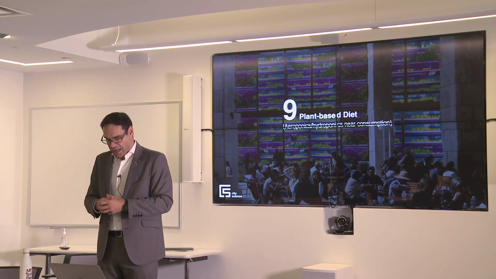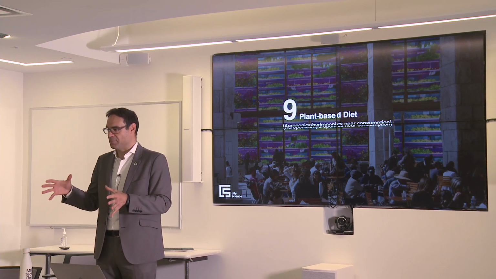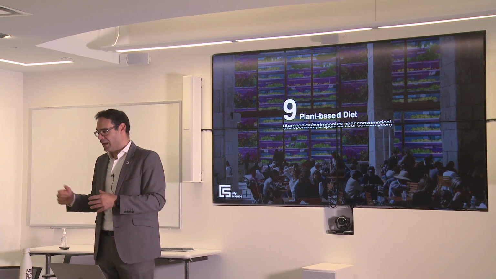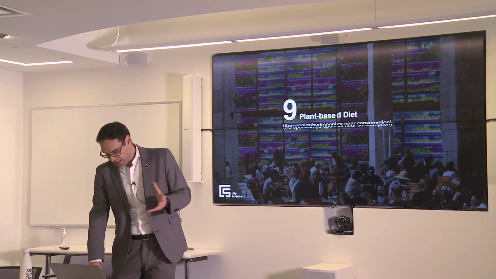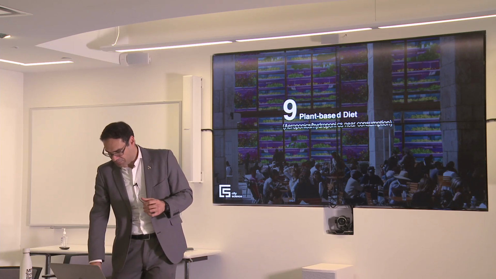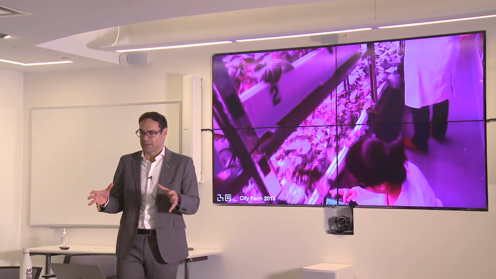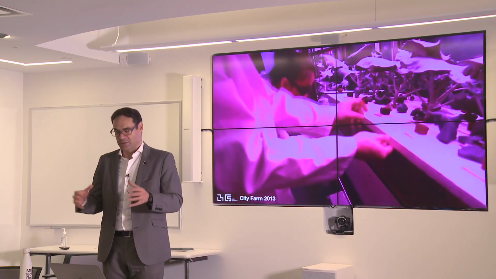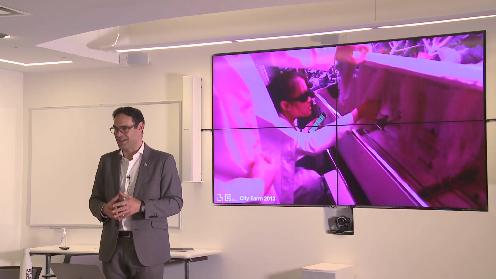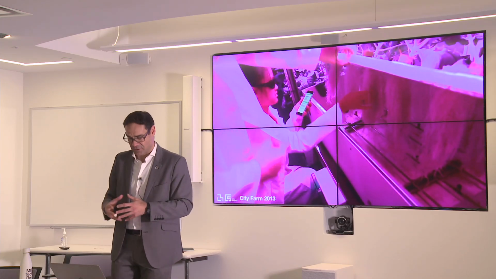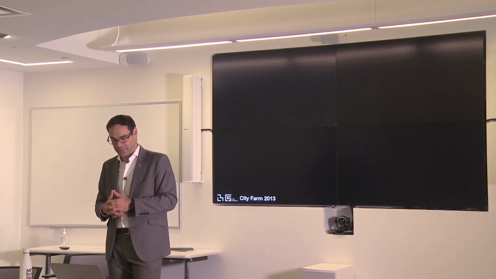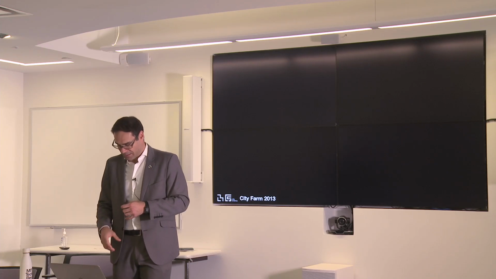So what if we shift a little bit to a more, let's say, vegan diet, but what if we also try to produce it locally? No? So the whole point is a combination of different factors. Eat less meat. That meat has a huge impact in terms of environment, mostly because of how we grow our cows.